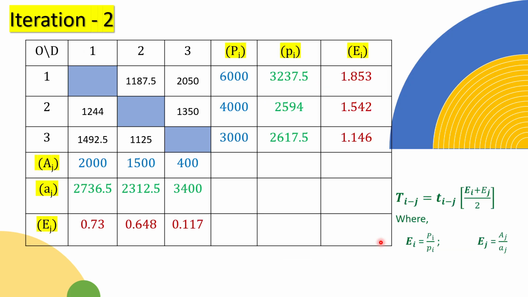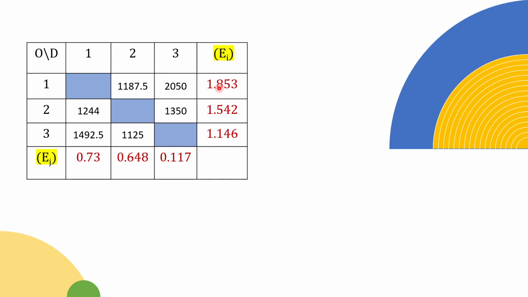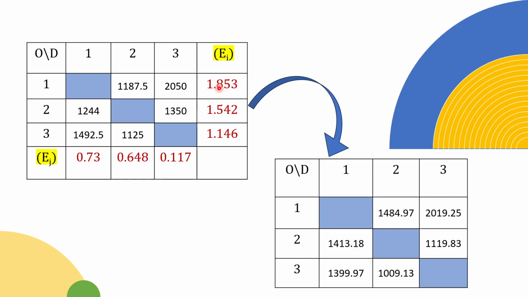And making this the base matrix, do the second iteration. Using the new OD matrix, calculate the present trips again, calculate the present attraction again, and find the growth factor for production and attraction, and using that calculate the new future production and attraction.